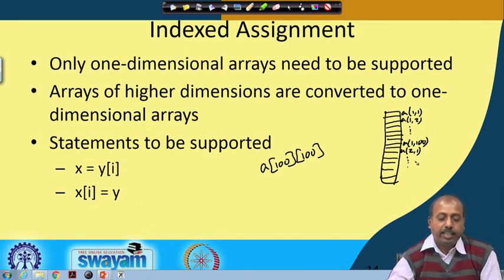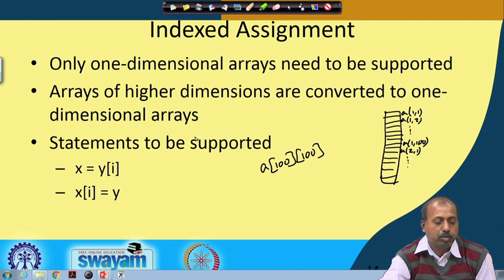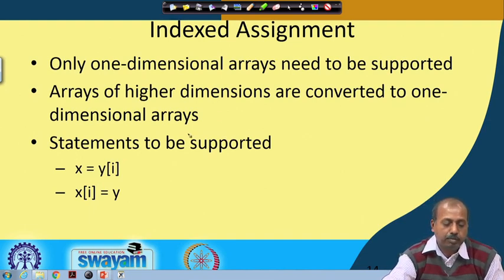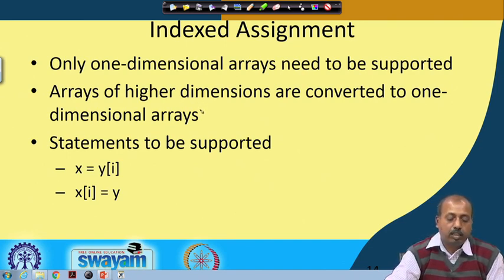So, arrays of higher dimension are converted to one dimensional arrays, and this conversion code has to be generated by the compiler.